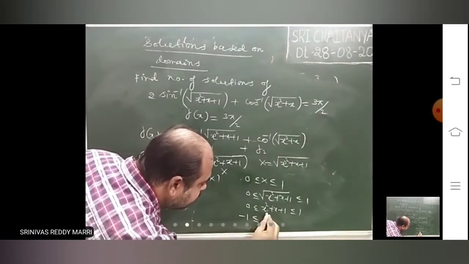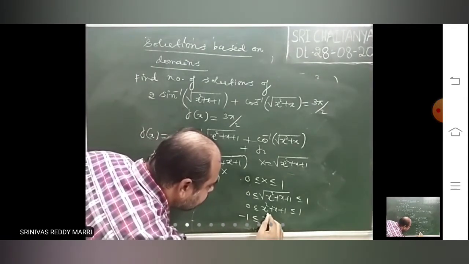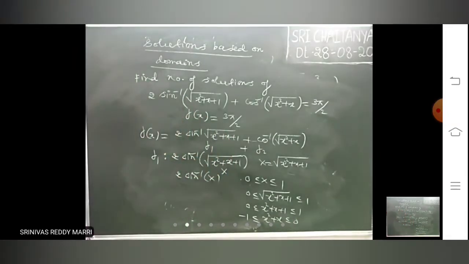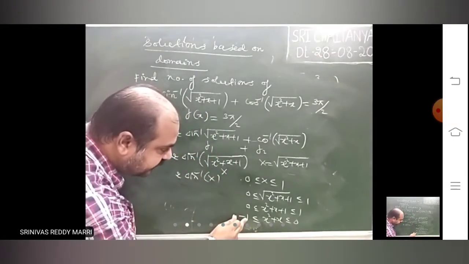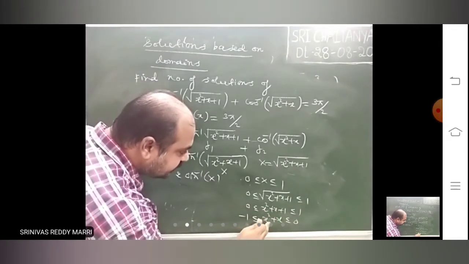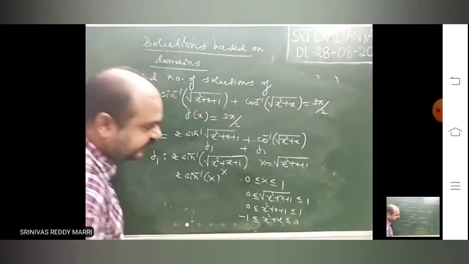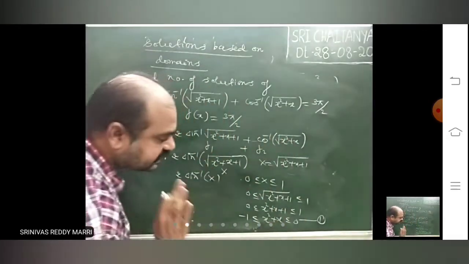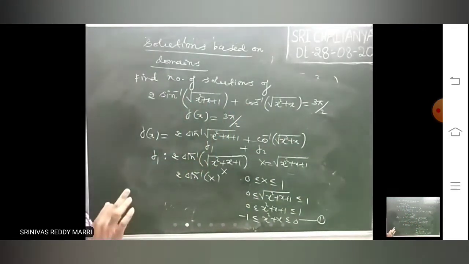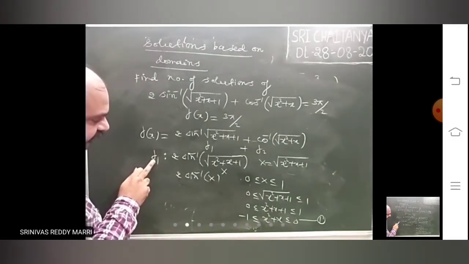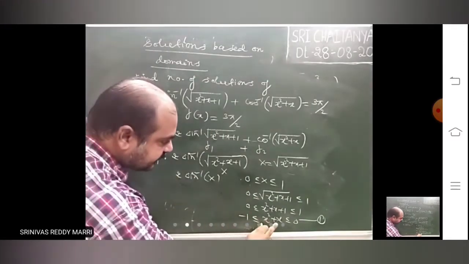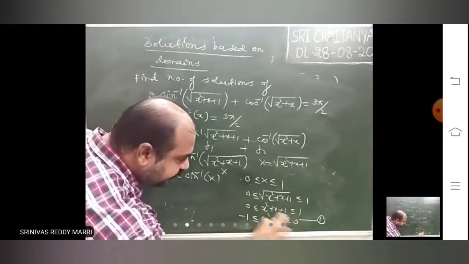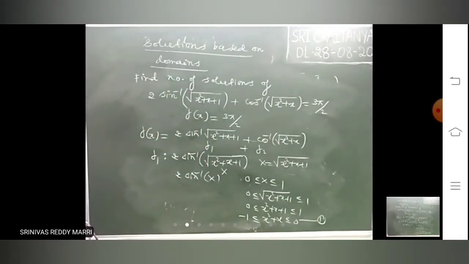So minus 1 less than or equal to x square plus x less than or equal to 0. Let us say this is the first equation. I am not solving, keep it like this. So the domain of f1 consists of those x for which x square plus x lies between minus 1 and 0. Keep it like this. 1.